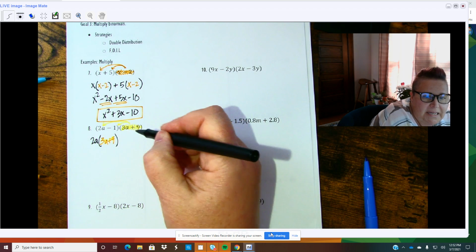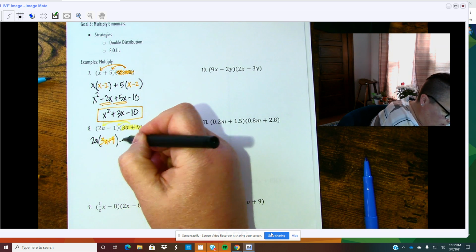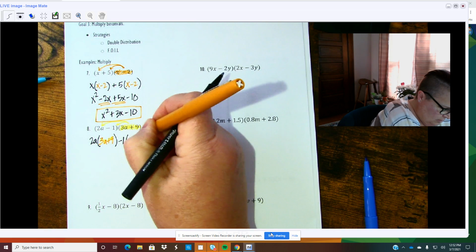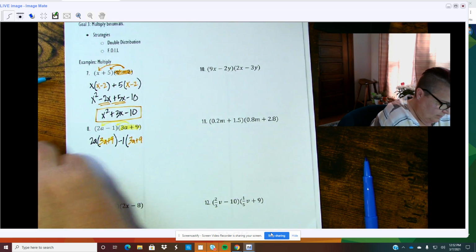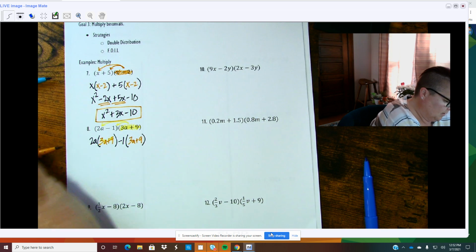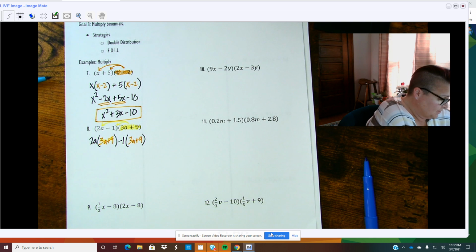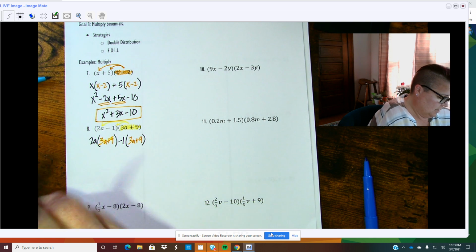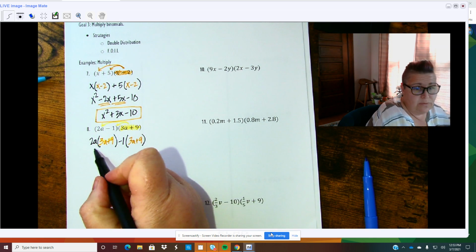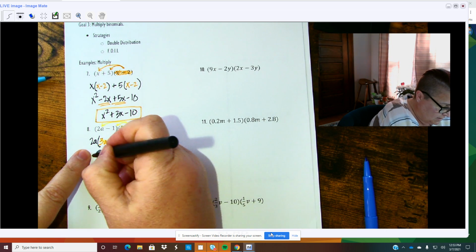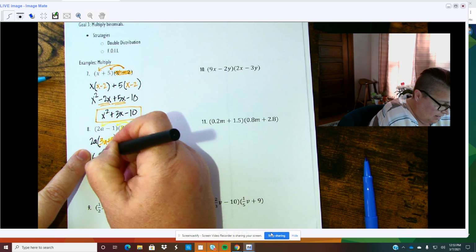And then I'm going to distribute it to the minus 1. So I'm going to have a minus 1 times 3a plus 9. Okay. But what happens is I still have a set of parentheses. So now I need to distribute that 2a to everything in this parentheses. So 2 times 3 is 6. A times a is a squared.